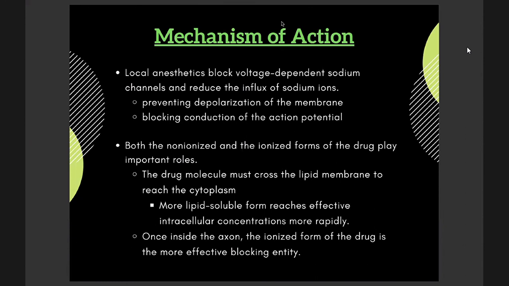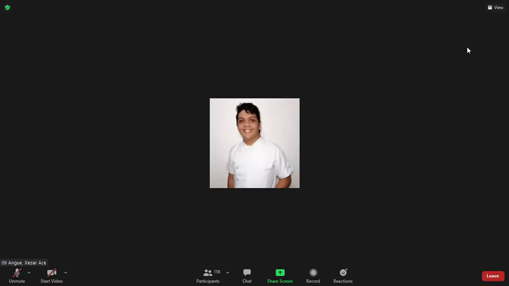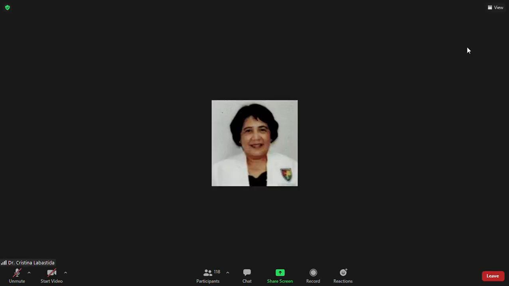If for example, Doc, the drug is more protein bound, the onset of effect is delayed because it cannot penetrate the target organs. So, onset of effect is delayed.